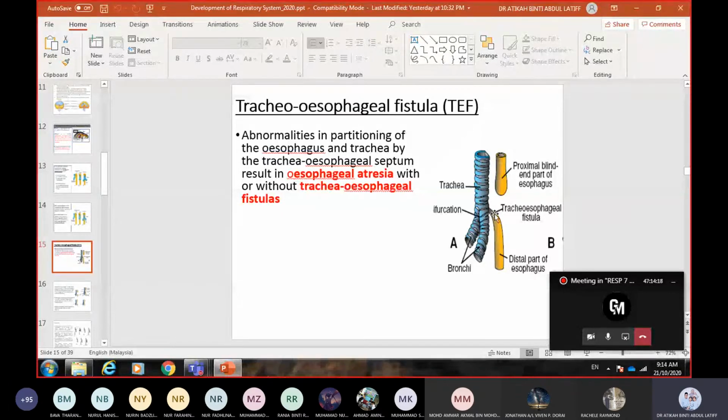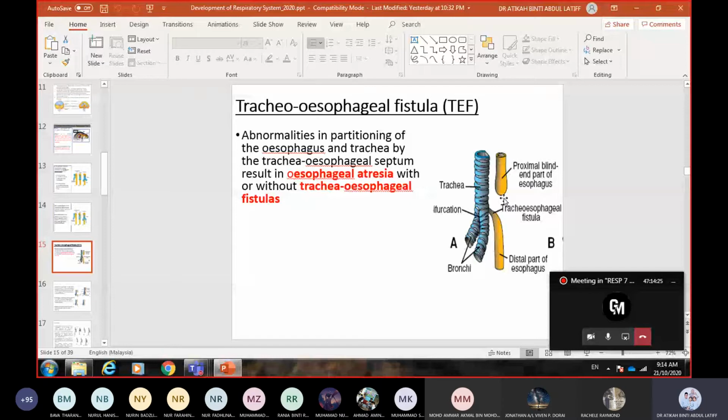A fistula is a connection between two organs that shouldn't be there. For example, between the trachea and esophagus there shouldn't be a connection, so because there is a connection, it is called a fistula. This can happen if the partitioning of these two portions is disrupted.